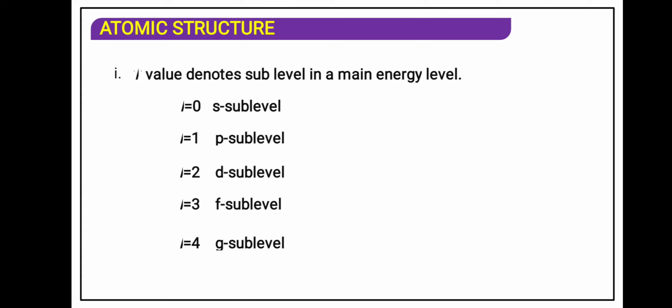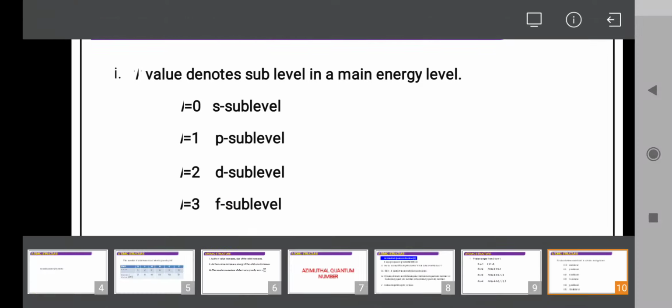For the S subshell, the L value, that is the azimuthal value, will be 0. Azimuthal value 1 is the P subshell. Azimuthal value 2 is the D subshell. Azimuthal value 3 is the F subshell.